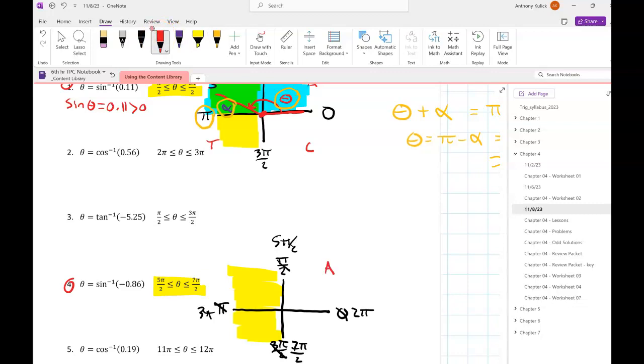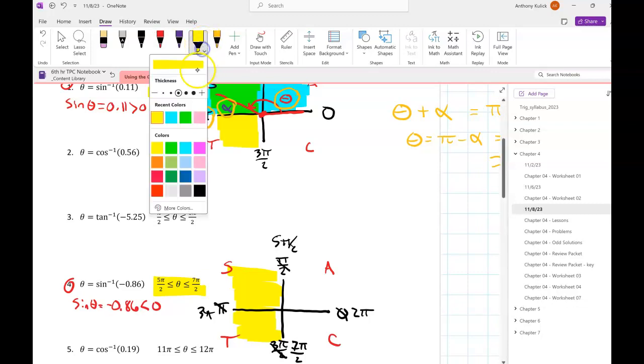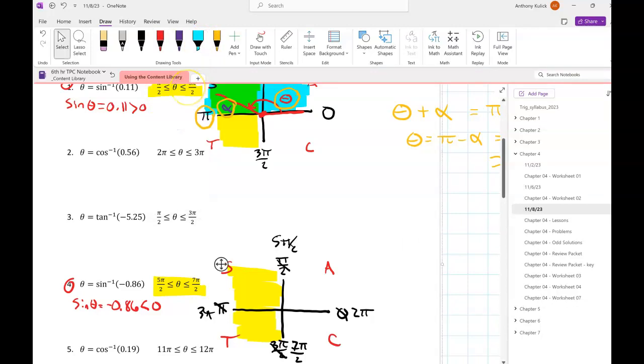I'm now going to label all silly turtles crawl. And I'm going to use that to figure out where sine is negative. So I know that A stands for all are positive.